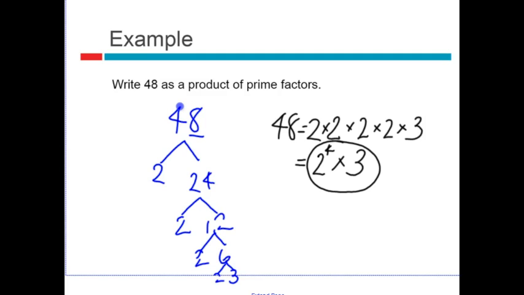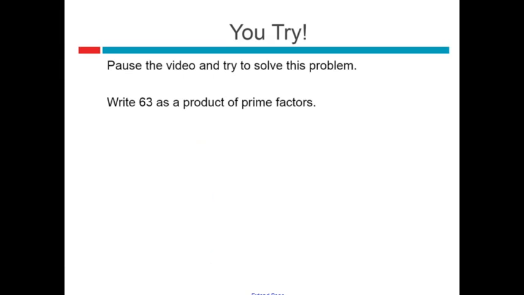Okay? So try this number. Write 63 as a product of prime factors. Pause the video and try the problem and then come back, and we can work on the solution together and match our results.